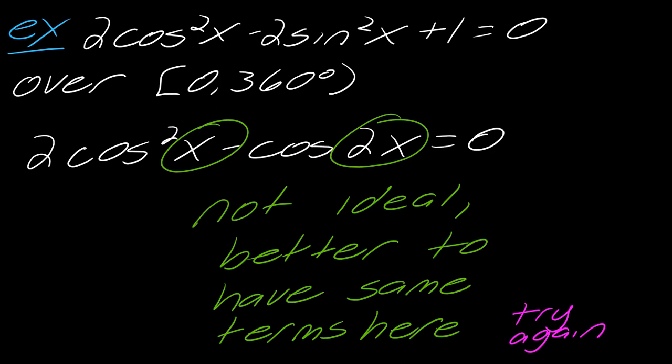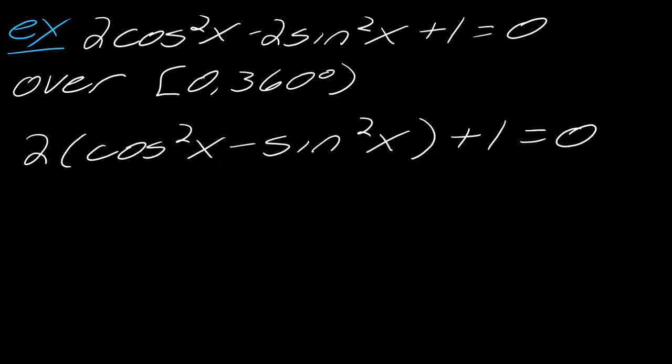So now what I'm going to do is I'm going to look at my equation, and I'm going to say, all right, well, I'm kind of stuck here, but these both have a 2. So let me factor the 2 out. And now, in looking at this newly factored out 2 version of the equation, cosine squared minus sine squared, well, check it out.